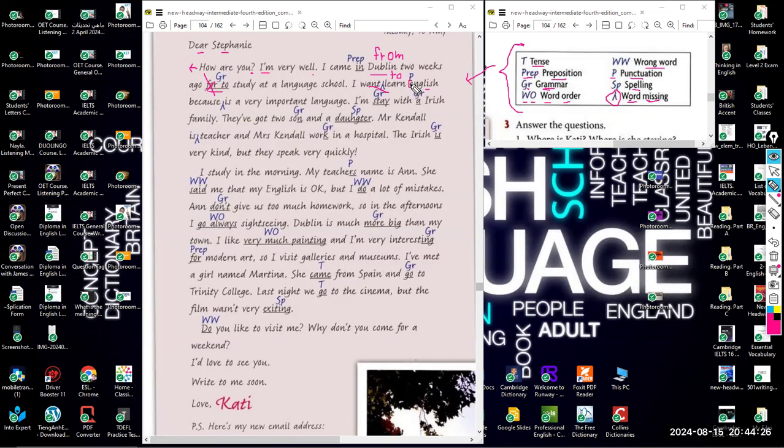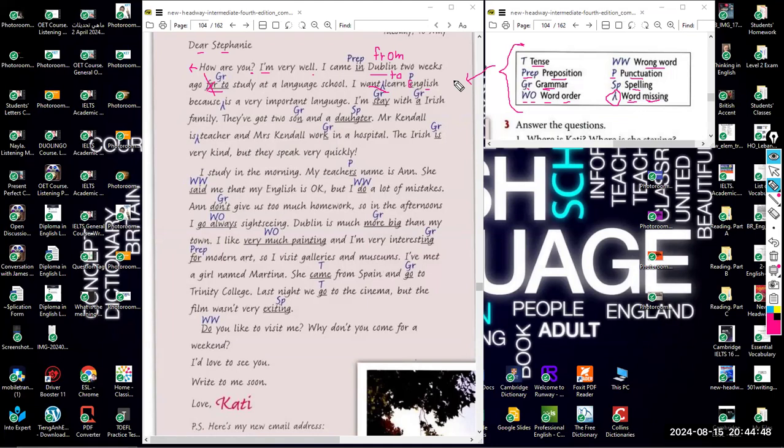Absolutely. So guys, if you want to capitalize, it's considered a punctuation mistake, not a grammar mistake. This is punctuation marks. I mean, capitalization.